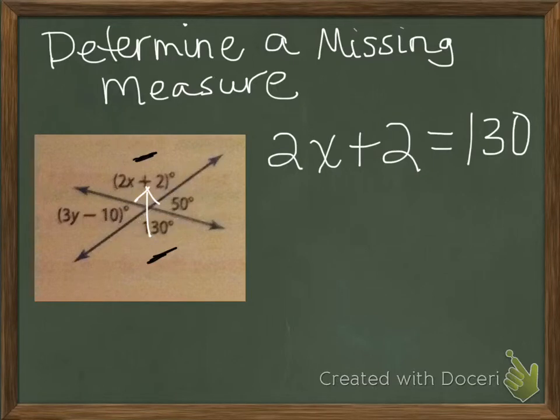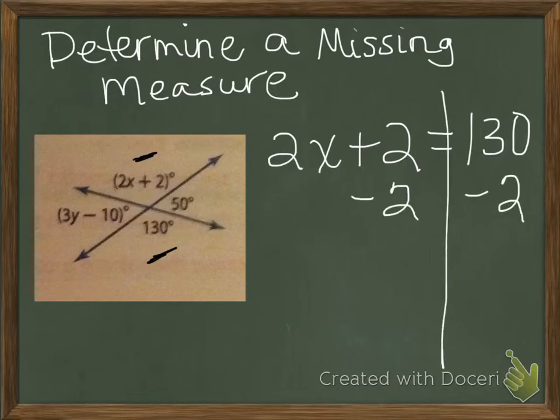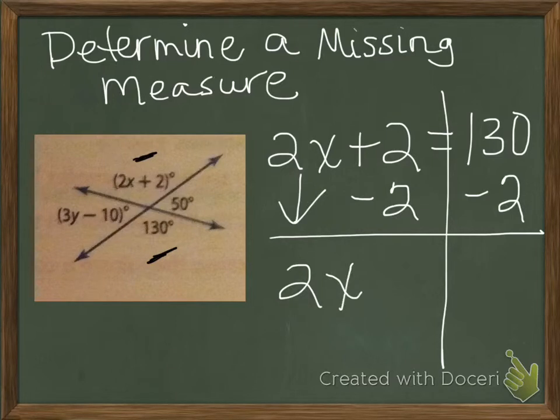So now let's solve the equation. I have to subtract 2, left side, right side, subtract 2. I'm left with my 2x, nothing, an equal sign, and 128. So now I know that 2x equals 128, but I need to know what 1x equals.